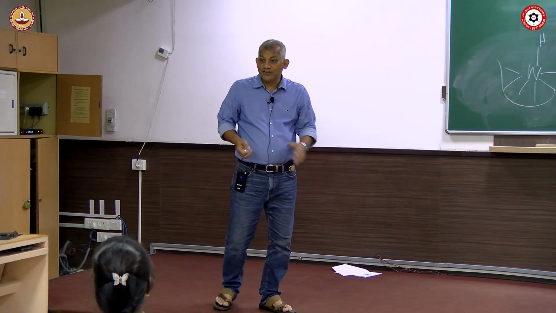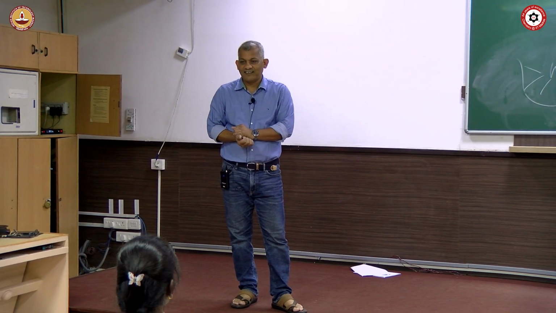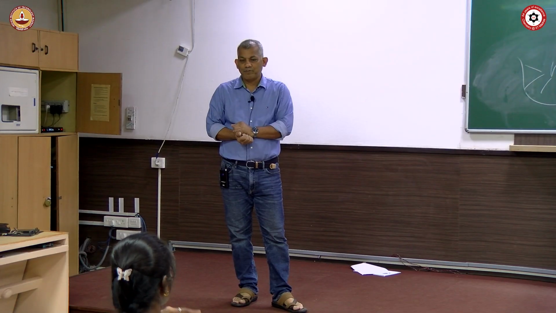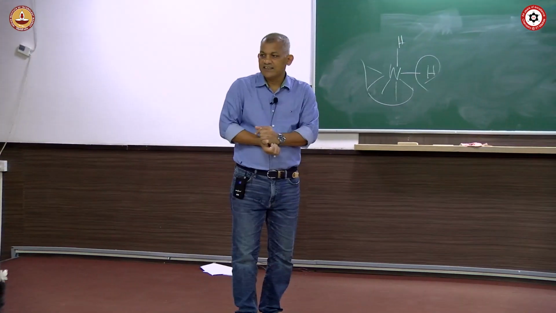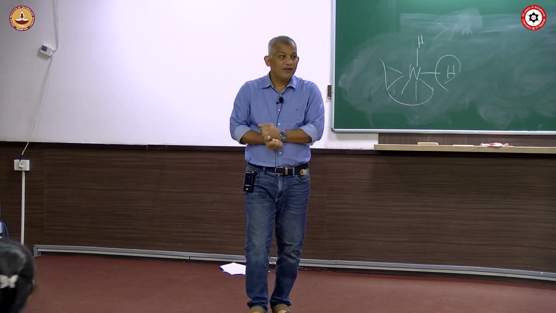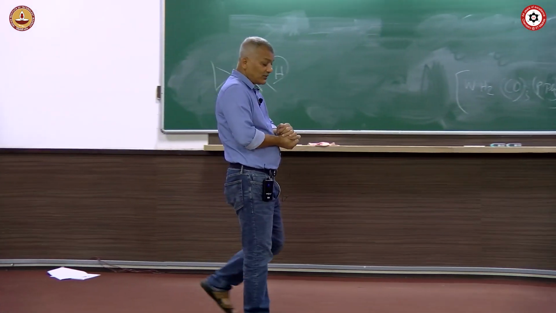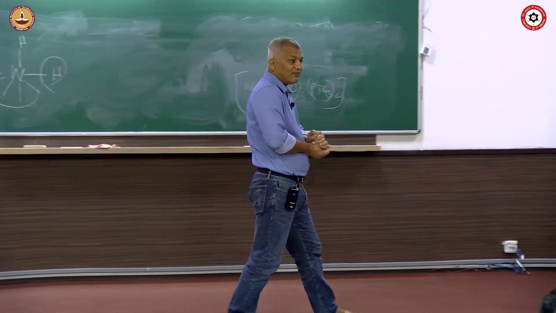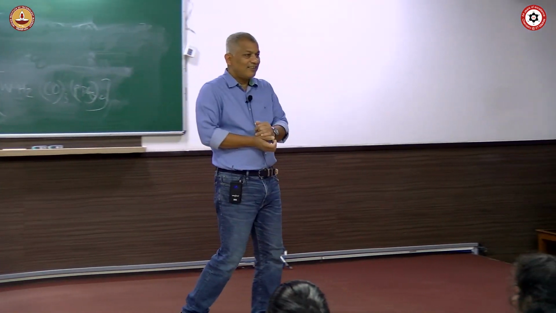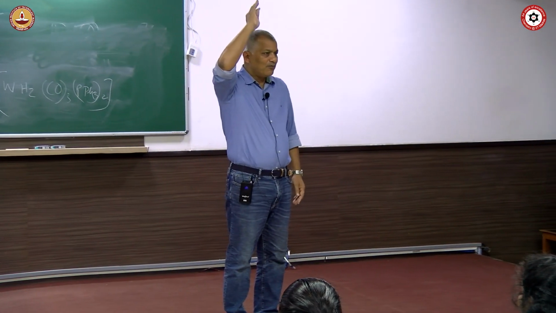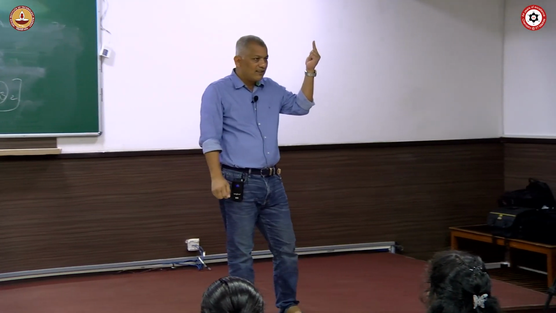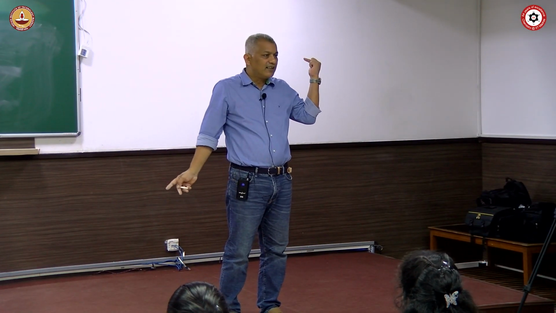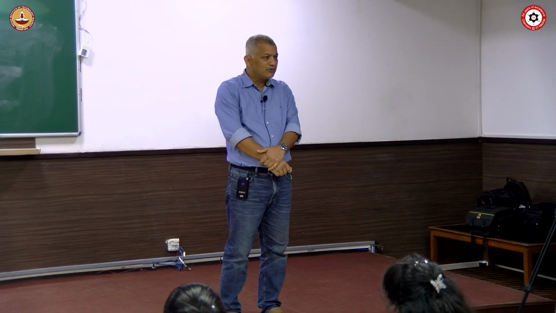Now, what is the oxidation state now? Who said +2? Raise your hand. You raise your hand, you did a good job. +2 because X-type ligand gives -1. How many X-type ligands are here? So it will be +2.